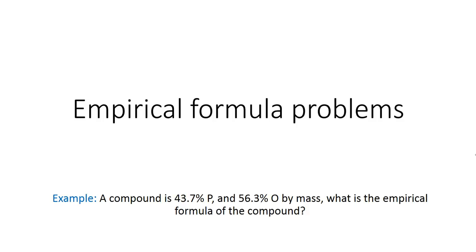The second problem will involve empirical formula when a substance is undergoing combustion. So for example, we have a hydrocarbon, a compound that has carbon and hydrogen only, and this hydrocarbon is undergoing combustion reaction, and the products are going to give carbon dioxide and water.